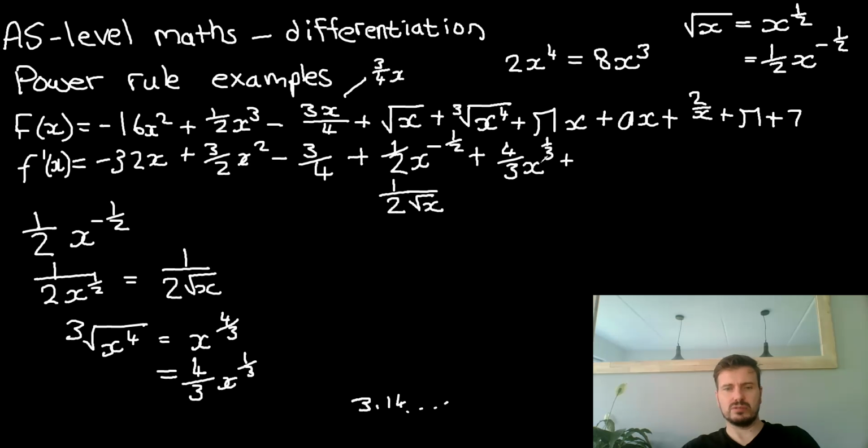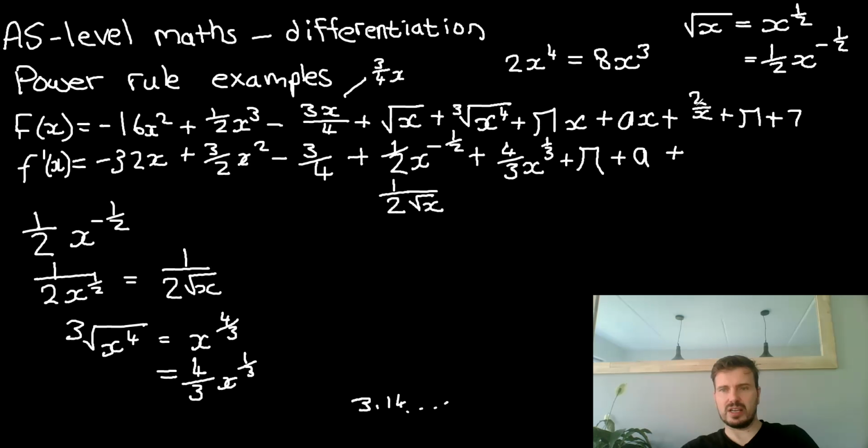So we would just put in pi, because if the x has no exponent, if it's just by itself as an x, the derivative is just whatever sits in front of that x. So the derivative is just pi. Same with this. There's just an a sitting in front of this x, so it's just a.